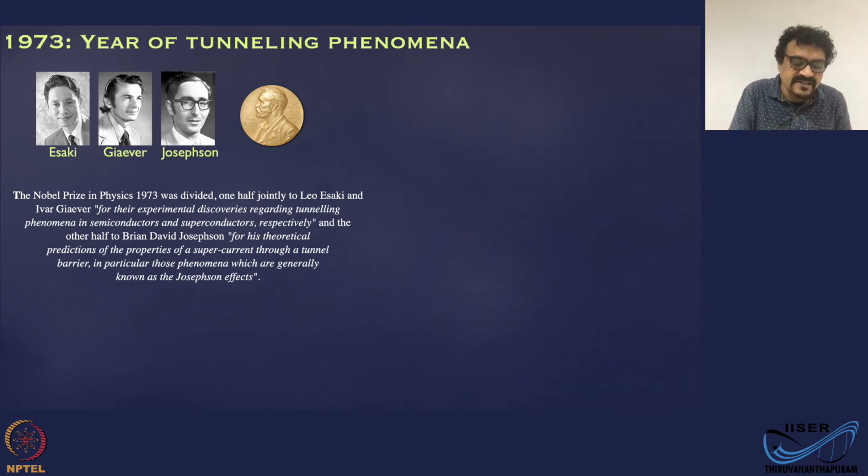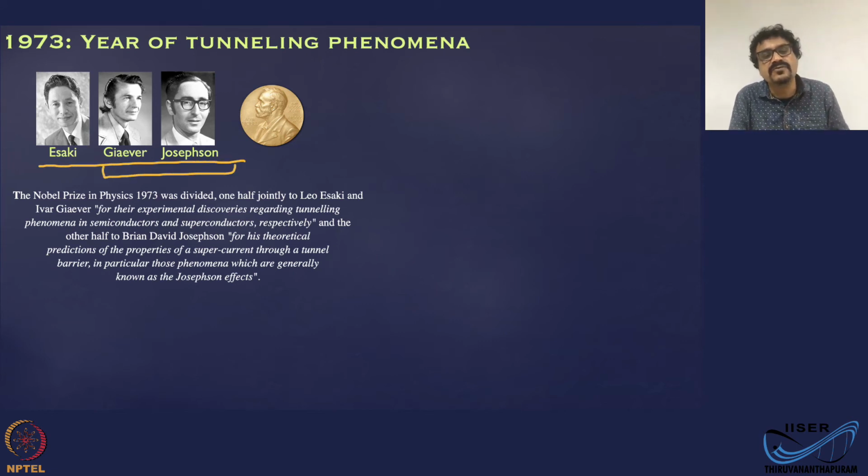In 1973, 3 physicists were awarded the Nobel Prize. Out of those, 2 worked on tunneling in superconducting devices, superconducting junctions, and Josephson worked on this problem that we just discussed.